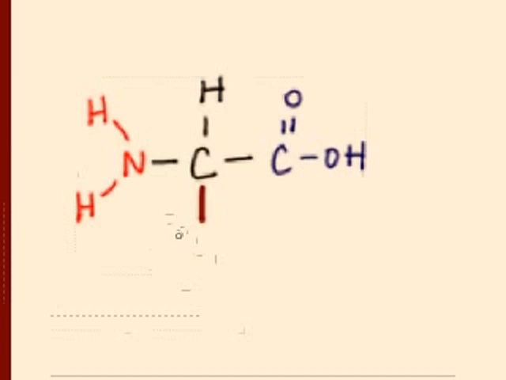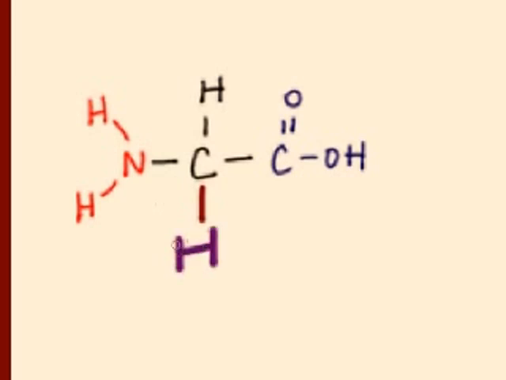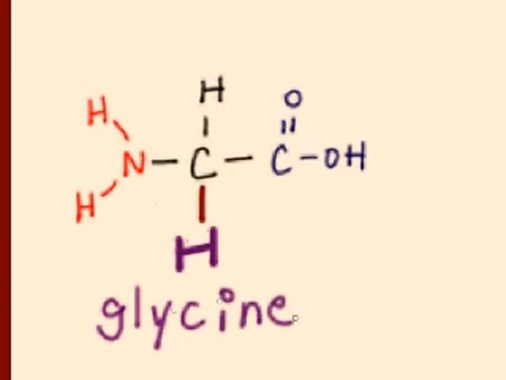And so if we simply put an H here, we make an amino acid, and that amino acid is glycine. I hope I'm remembering my amino acids okay. Everything is the same except the side chain changed. So here we have glycine.